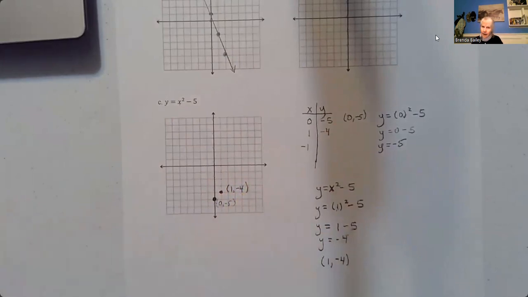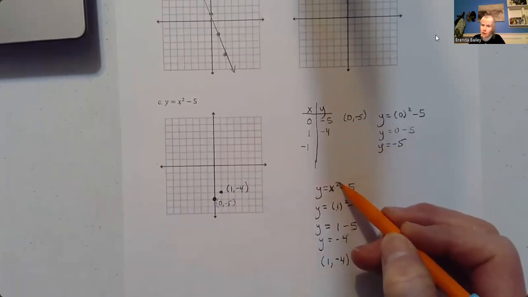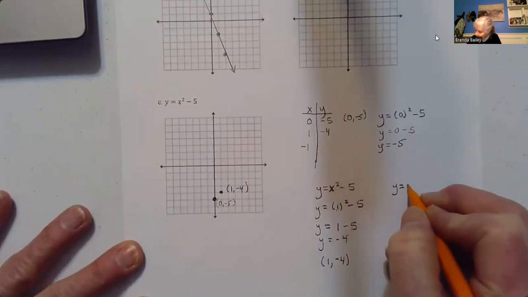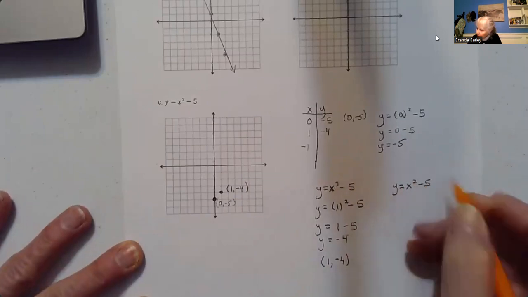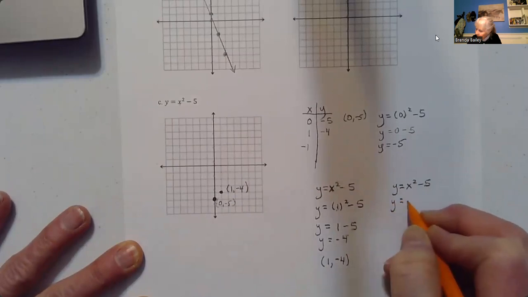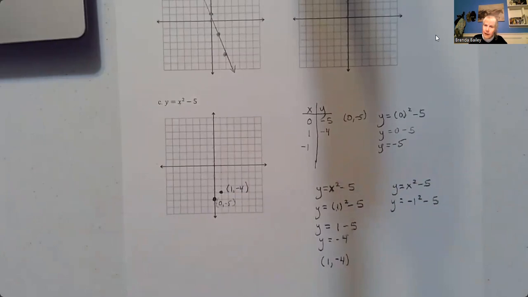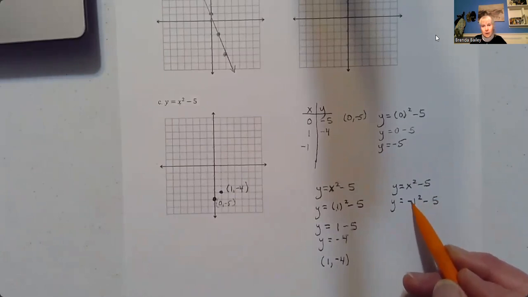Now we're going to put in a negative, and you're going to see why I have parentheses. It's very important that when you substitute in a negative and this power is even, that you use parentheses, especially if you want to rely on your calculator. If you type this into your calculator without them, you'll get the wrong answer, because it squares the 1 and then takes the negative later. We need to make sure that it's squaring the negative as well as the 1.